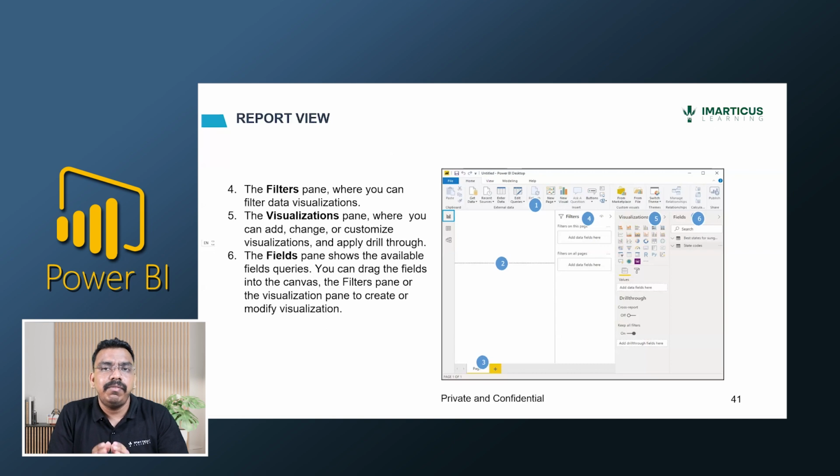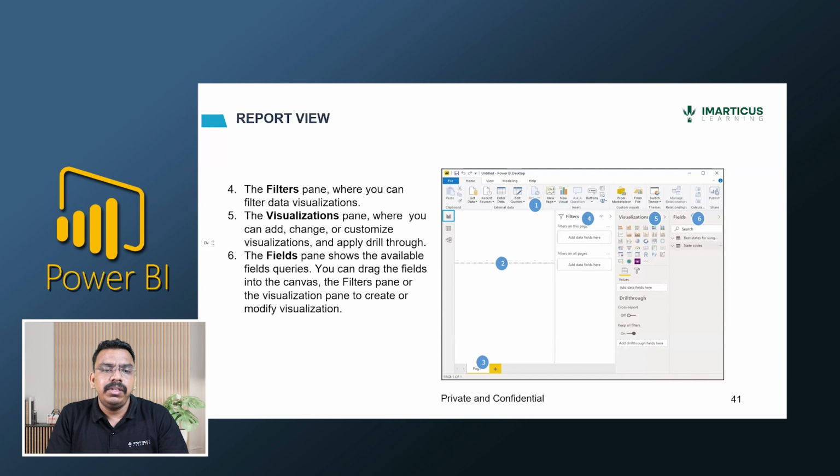Next, you can find a filter pane where you can filter the visualization. On the fifth part, we have the visualization pane where you can add charts, create customized visuals, or apply drill down, where you can format your visuals, your page or the canvas.